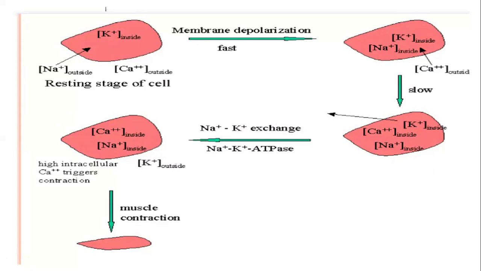Calcium triggers the intracellular action, potentiating the action of the myocardium, because of which there is a forceful contraction of the heart muscles, and in this way there is a complete emptying of the heart.